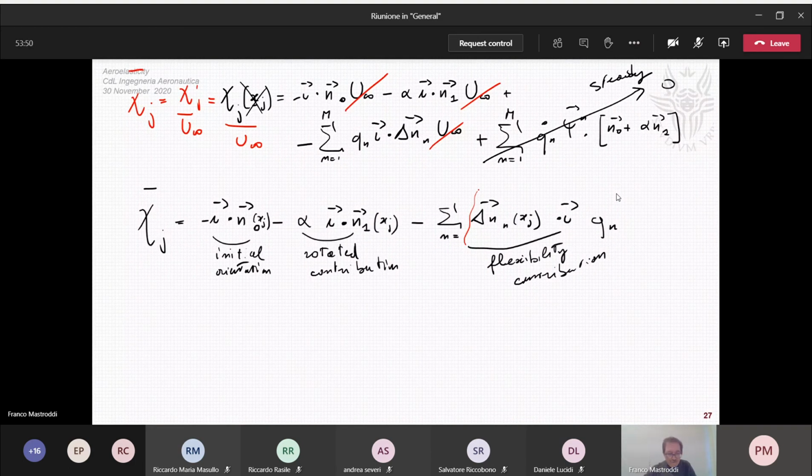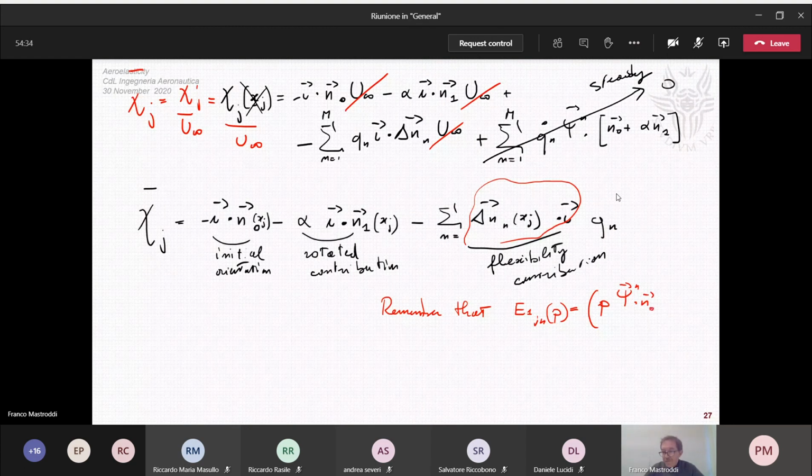In fact, if you remember, the E1 matrix J n element as a function of P, the nondimensional Laplace variable, was equal, in a general unsteady condition, to P, of course, psi n model shape dot n, this was the reference normal in this case, by a length of reference, minus delta n dot I.